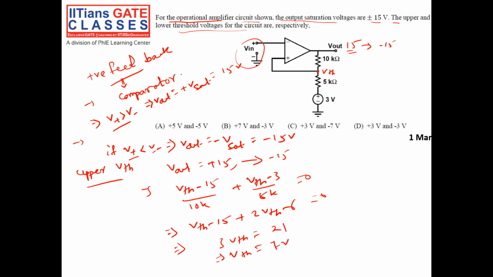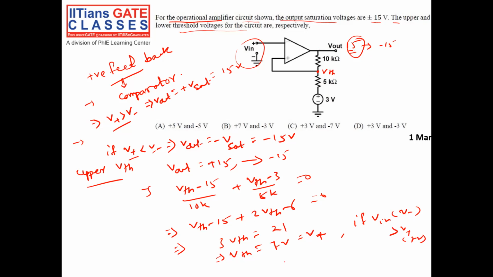So when my output is at 15 volt, the potential at the positive terminal, which is my upper threshold voltage, will be 7 volt. If V in, which is V negative, will be greater than this V plus, here 7 volt, then I will switch my state from plus 15 to minus 15.